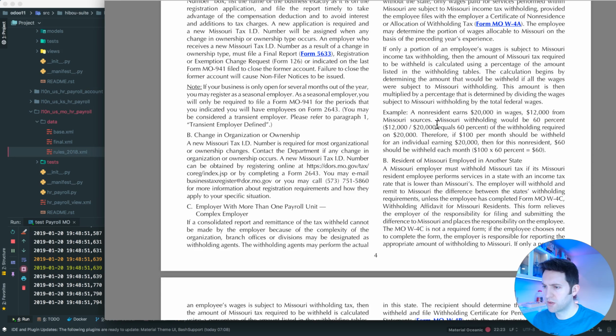Would be 60% of the total wages, so that's fine. Withholding withheld on 20,000. Therefore, $100 per month should be withheld for an individual earning 20,000. I like that they just propose it. Not that $100 should be for an individual.